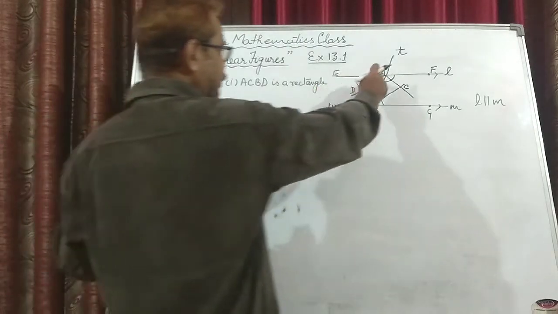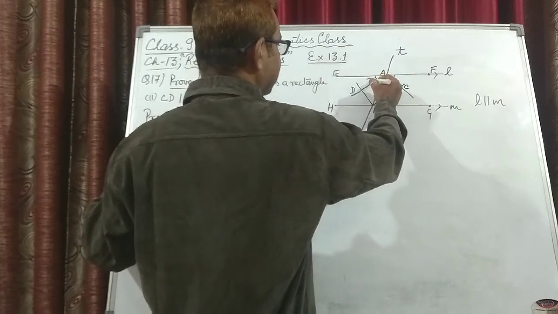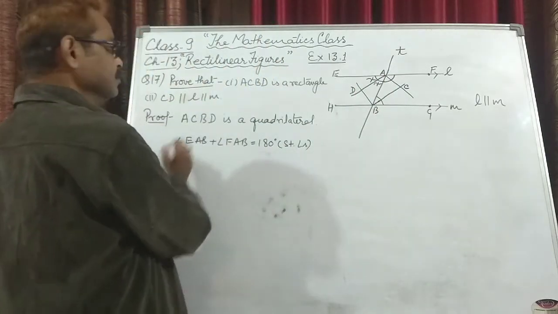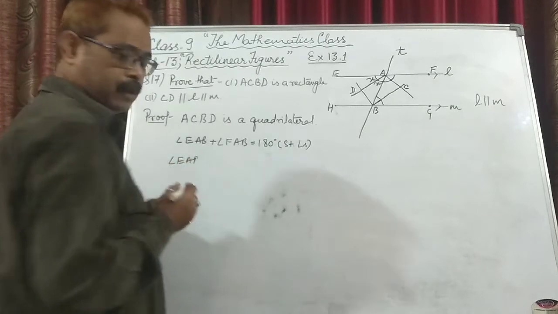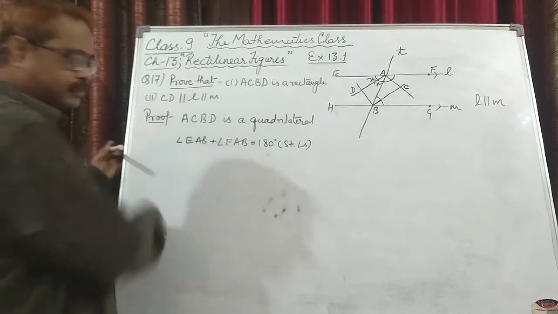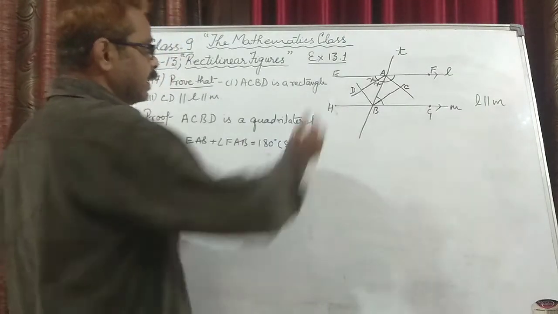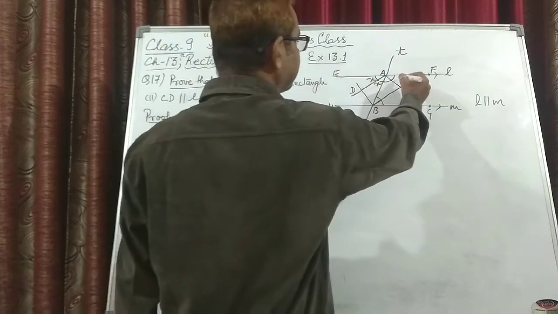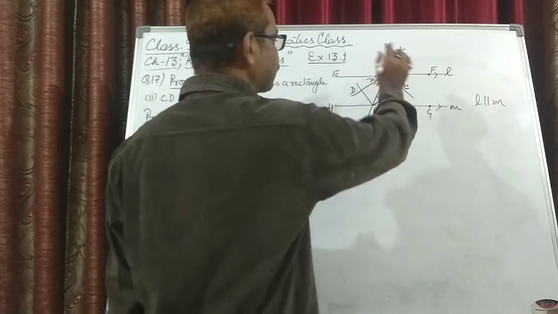Now their bisectors. Let us say that this angle is x, so this also will be x. Now let me explain. If this is x, this will be x because both these are bisectors. If this angle is y, this angle will also be y because these are bisectors.